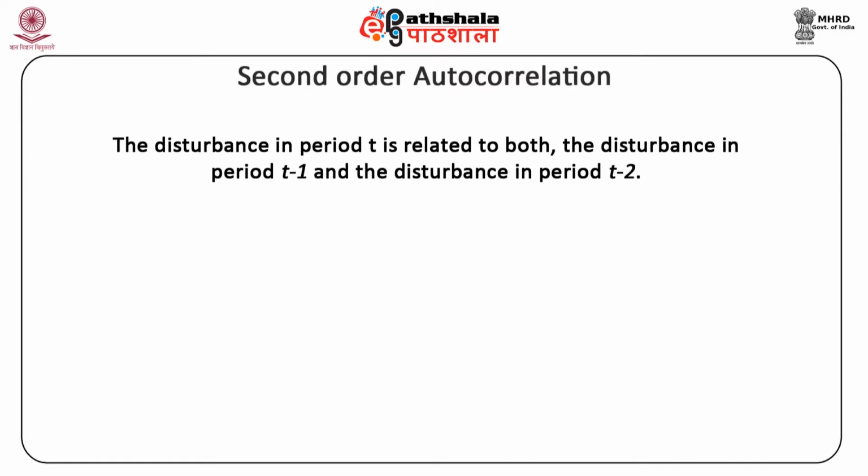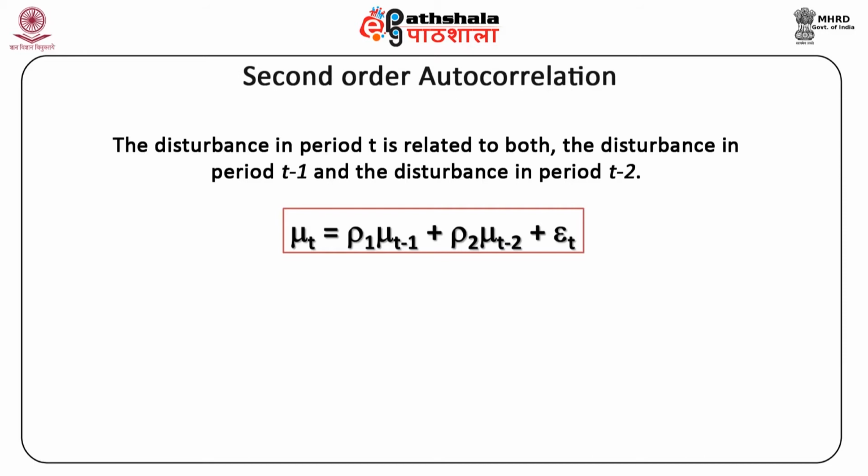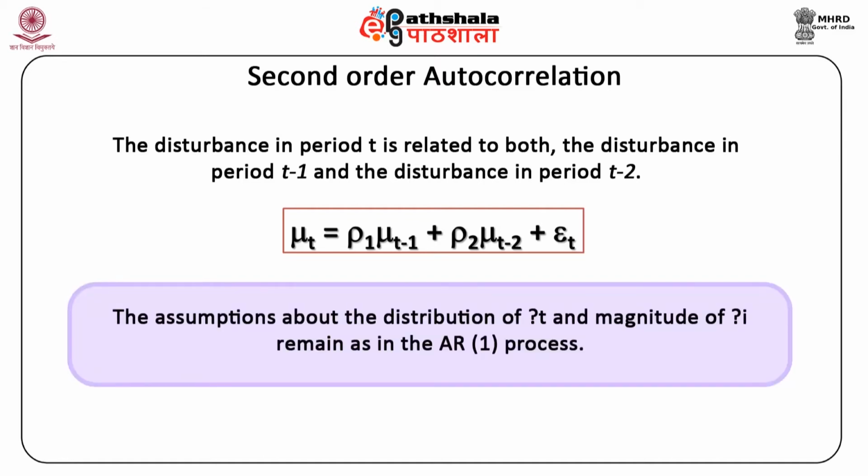In this case, ut is equal to rho 1 into ut minus 1 plus rho 2 into ut minus 2 plus epsilon t. The assumptions about the disturbance epsilon t and the magnitude of rho remain as in the AR1 process.